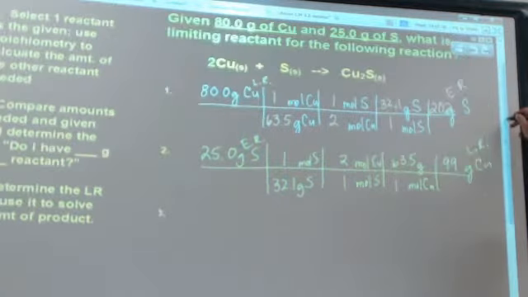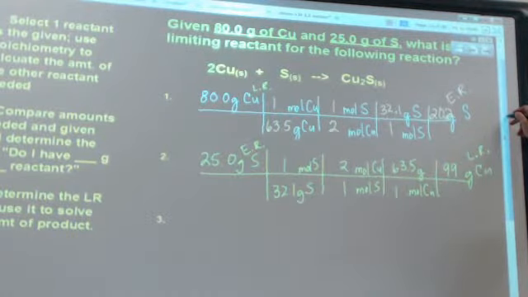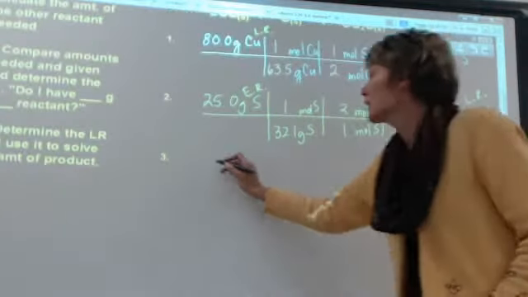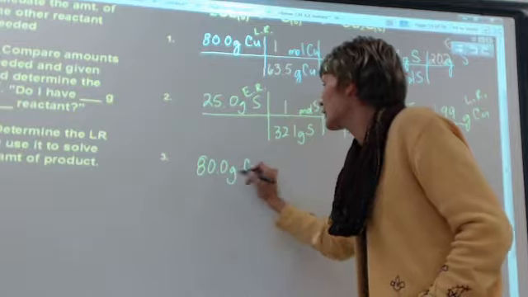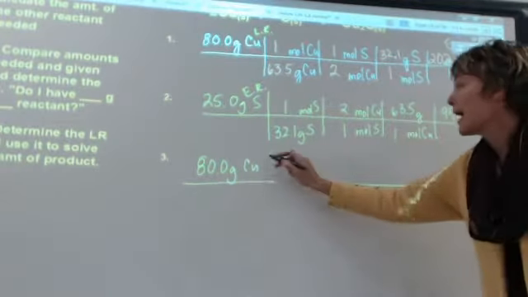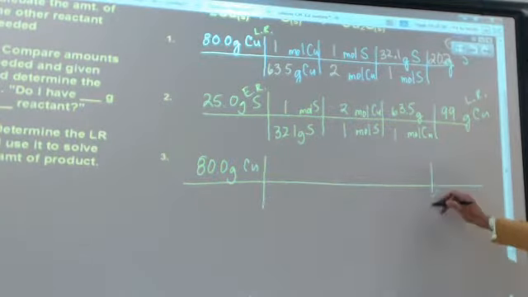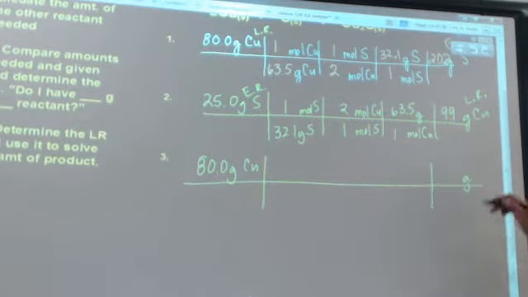If I look up in the problem, I only have 80 grams of copper. So I'm going to come down here and go 80 grams of copper. And how many grams, and my product in this case was copper 2 sulfide. Excuse me, copper 1 sulfide. There we go, right.